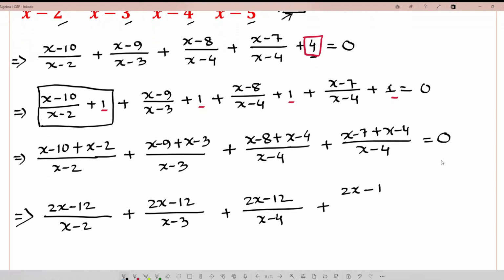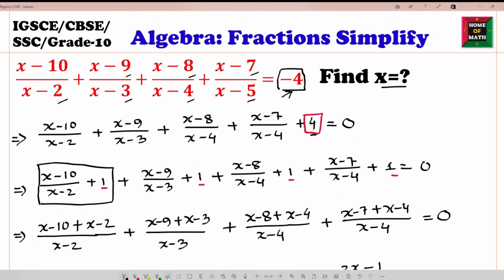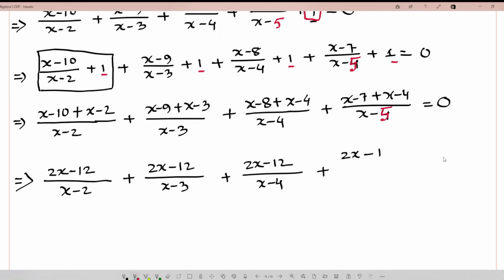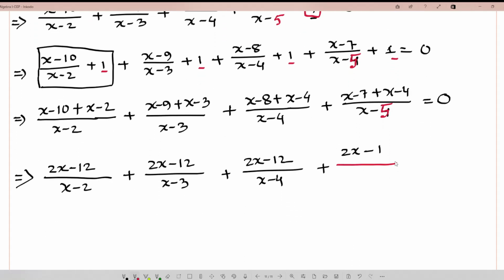Look, here I made one mistake: here it is x−5, so here is 5, this one is 5, this one is 5, and here is also x−5 plus 5, so 2x−12, and it equals 0.